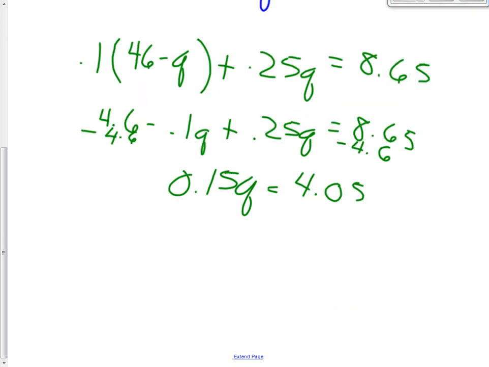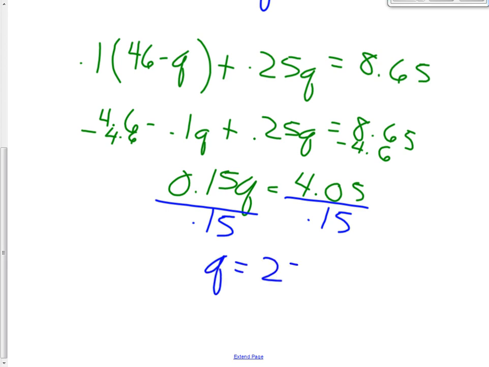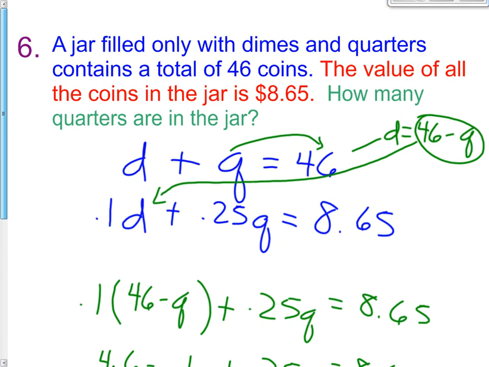And lastly, dividing by 0.15, 4.05 divided by 0.15 is going to be 27. So quarters, how many are there? There are 27 of them. Going back up to the top, we were supposed to find quarters, so we are all done.